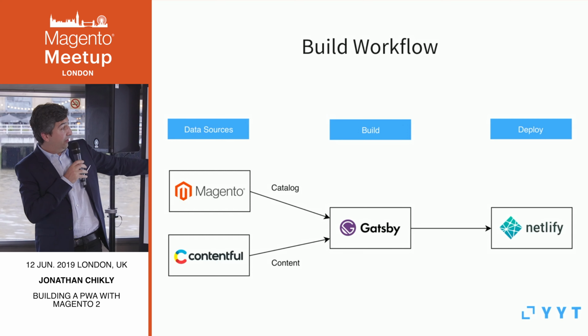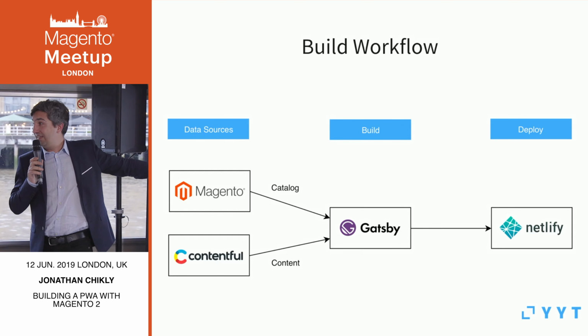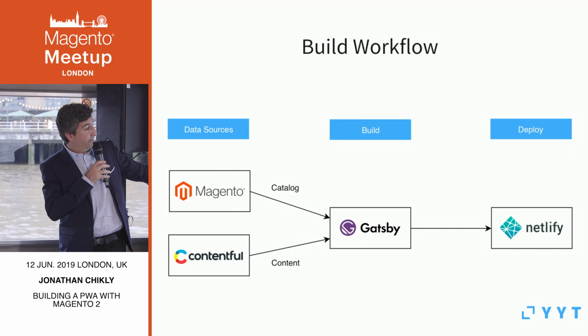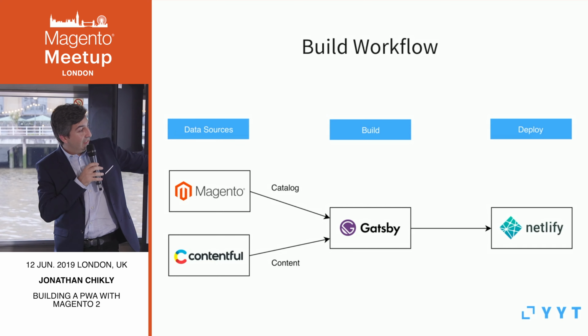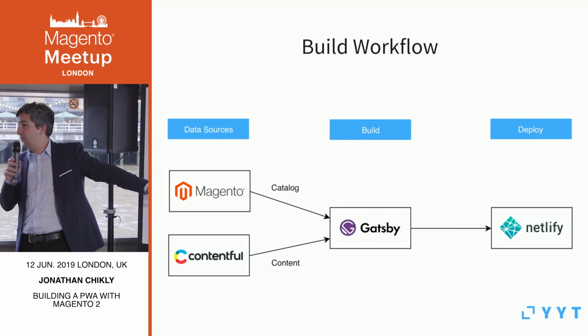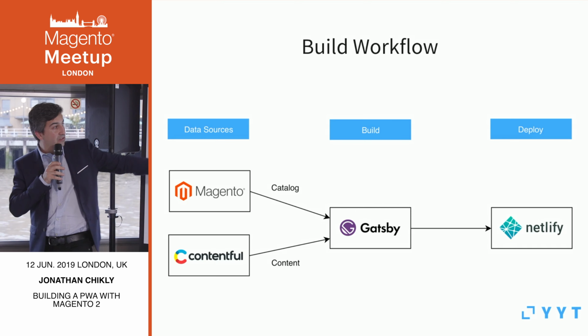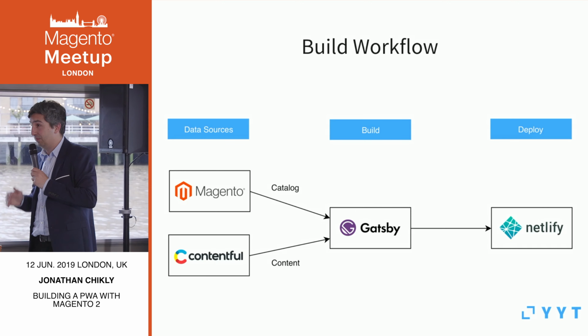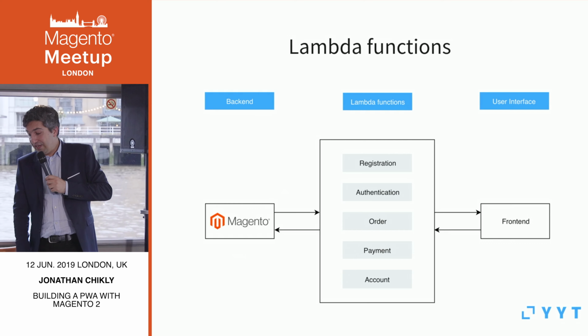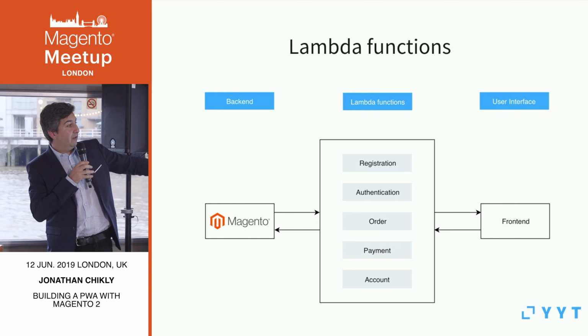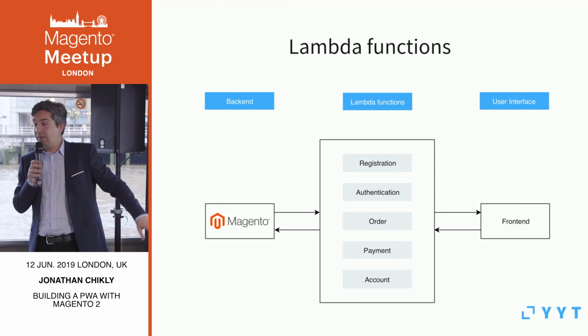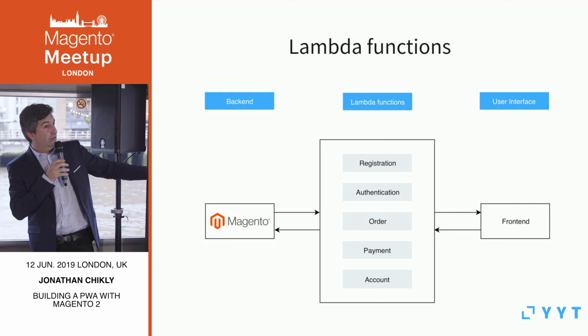So we get the content from the catalog from Magento, the content from Contentful. Everything is fetched here by Gatsby and GraphQL, and then it's all pushed to Netlify. Now the next step is the user interactions I was mentioning. It happens via this workflow.